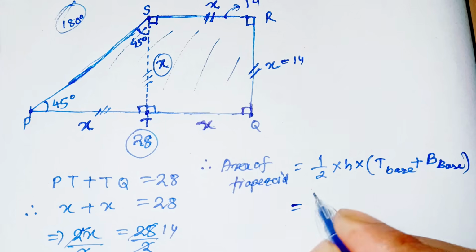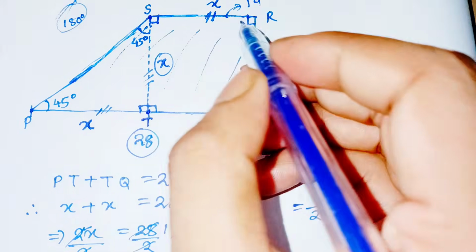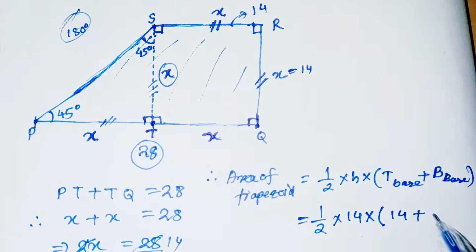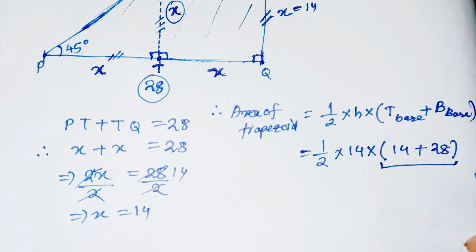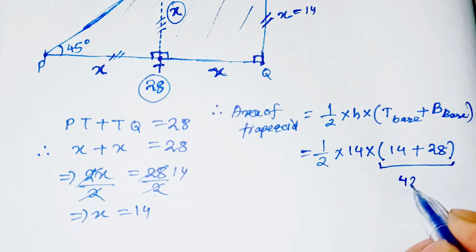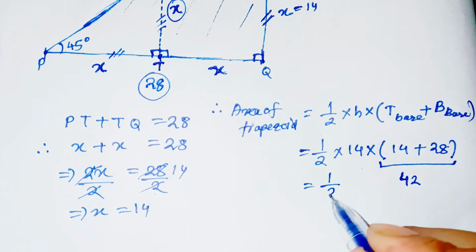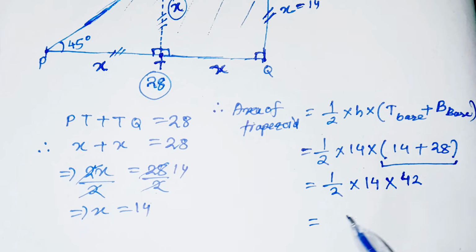So the area equals 1/2 multiplied by 14, multiplied by the quantity, 14 plus 28. First, simplify the expression inside the parentheses. 14 plus 28 equals 42. So the area becomes 1/2 multiplied by 14 multiplied by 42.